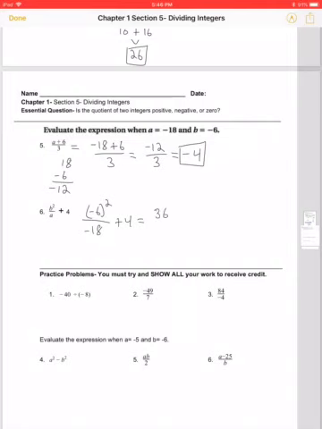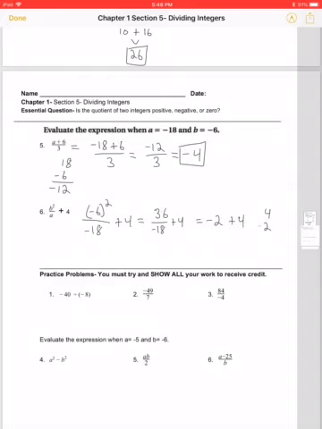Gives you a positive 36 because you multiply two negatives. Just going to keep writing the rest of the problem. Then I have 36 divided by negative 18. A positive divided by a negative is a negative. 36 divided by 18 is 2. And then I'm left with negative 2 plus 4.